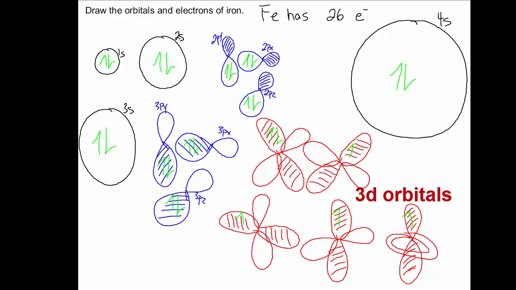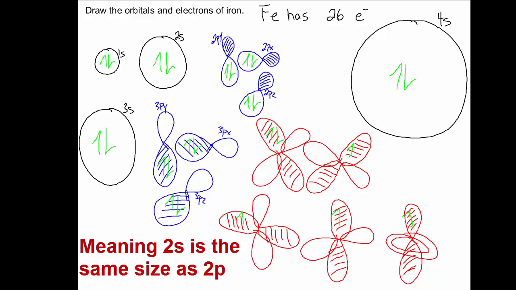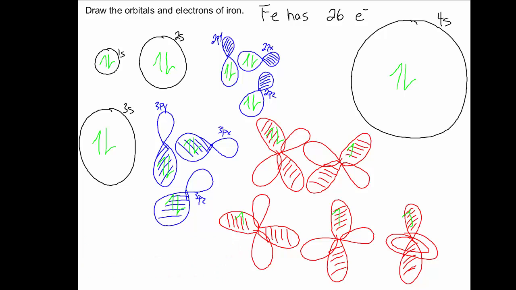Now one important thing to note here that maybe we haven't really discussed at this point is that orbitals at the same value of n, so at the same principal energy level, are the same size. Meaning the 2s orbital has the same diameter, so that sphere has the same diameter as if I was to measure from the top, let's say, of the 2py orbital all the way to the bottom of it. They are the same size.